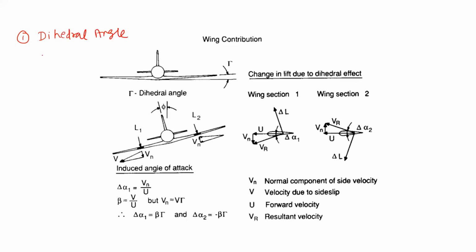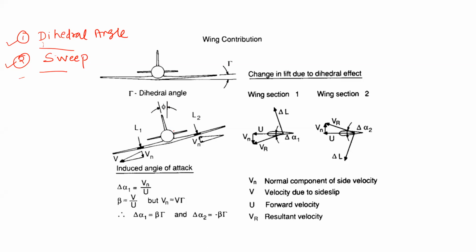The second factor is sweep. Sweep also impacts this lateral stability. Both of these factors contribute, and we will try to understand how dihedral angle and sweep angle impact it directly.